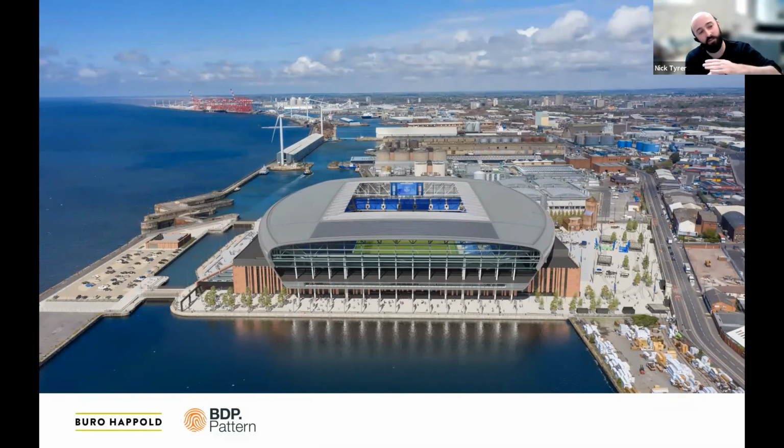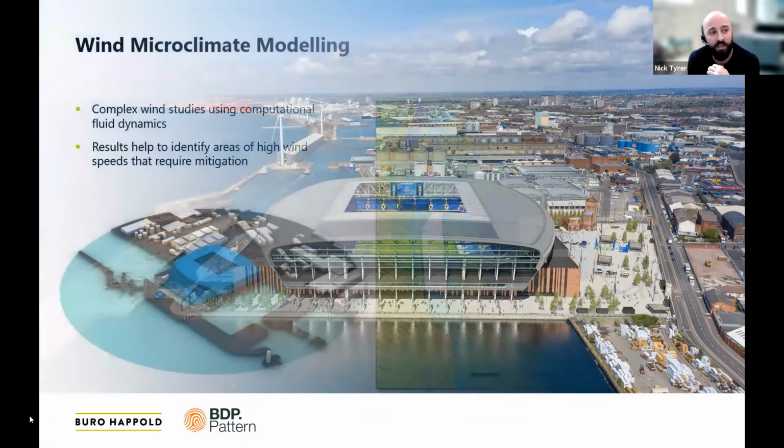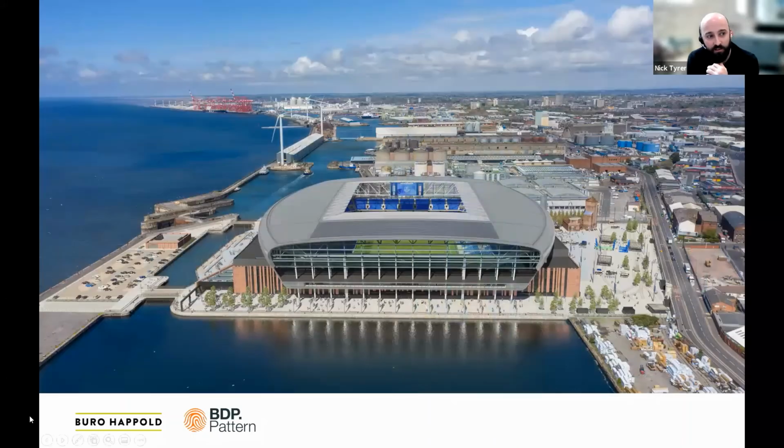The intense wind comes from the North Sea, which you can see at the left of the image, and we also have wind coming up from the city. So lots of different wind directions create a very difficult challenge for making sure that the site is not only safe but comfortable for 50,000 spectators that are going to be coming to a game come rain or shine.